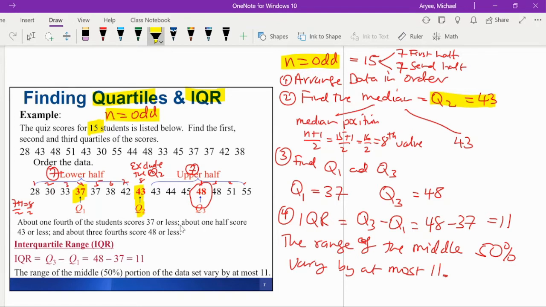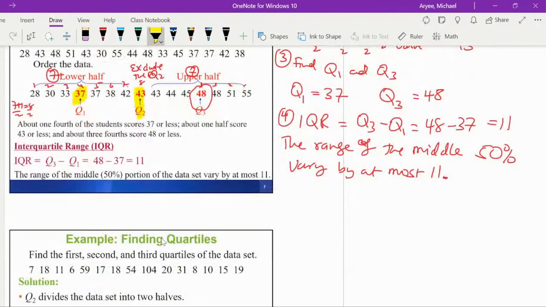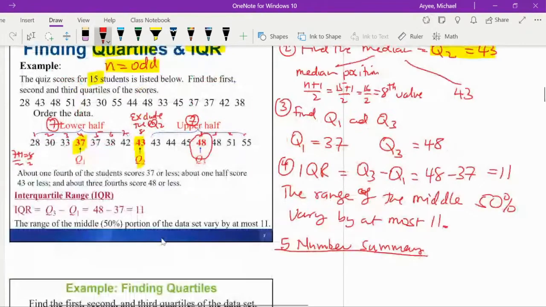Now, before I move on, I just want to also mention here that in statistics we have something that we call the five number summary. Sometimes the question may just give you a data set just like this, and then the question will say, give us the 5 number summary.